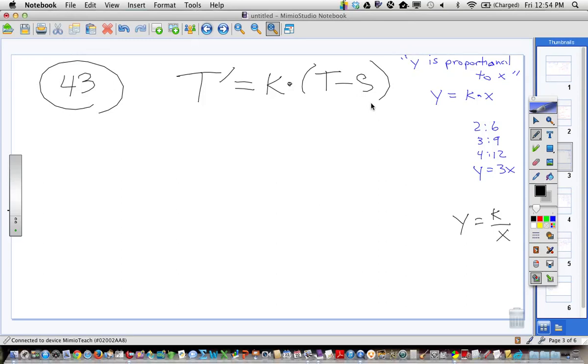The K, okay, back to this one. The K is the constant of proportionality. These numbers are proportional by a factor of 3. So it's whatever that constant of proportionality is. Now for coffee, it might be one K value. For some liquid in the chemistry room that was cooling, it might be some other constant.